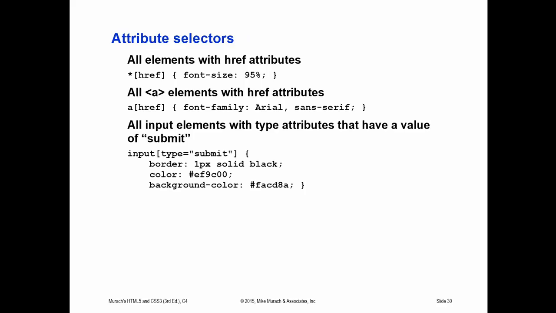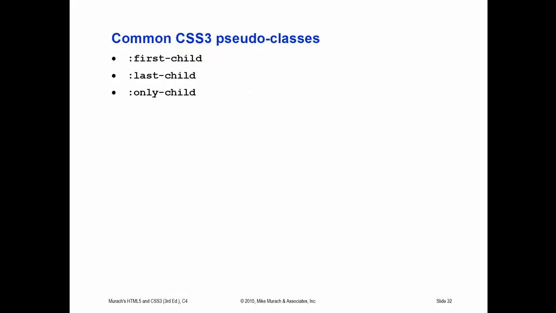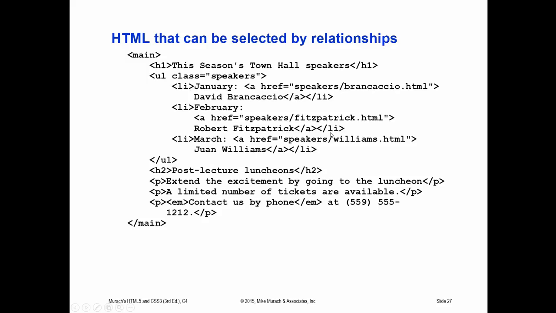No, they're not showing them. Okay. All right. The first child selects the first child of an element. All right, so in other words, if I wanted to come in here and choose the first paragraph, it would be that one, because that's the first paragraph of main type of thing.